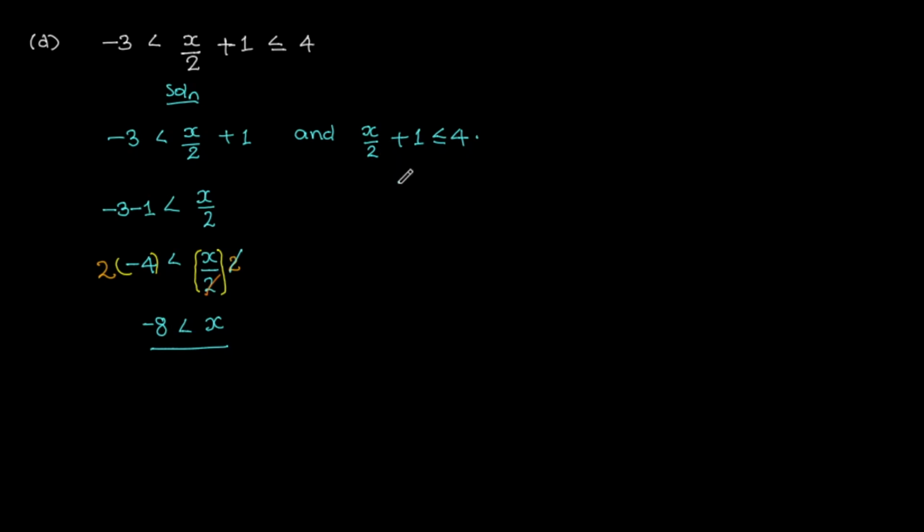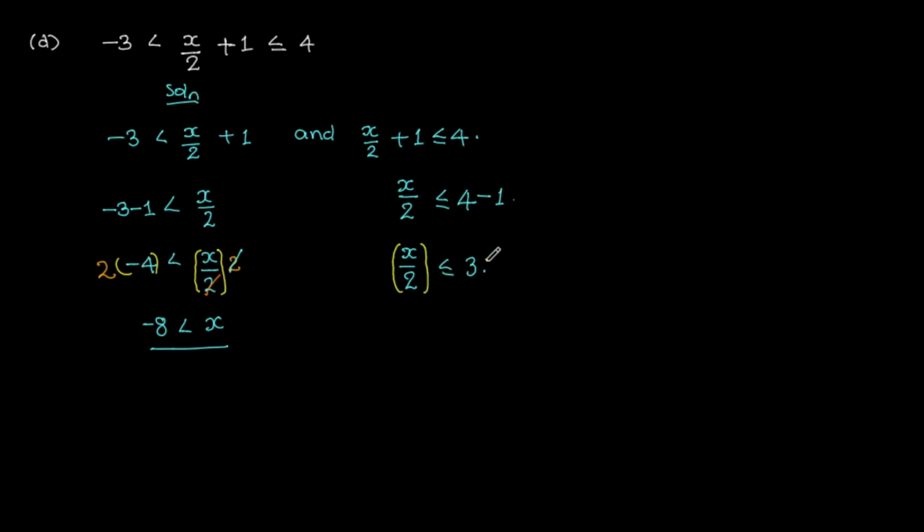Now we have here x over 2 is less than or equals to 4. Then this is minus 1. Now we simplify again, and we have x over 2 is less than or equals to 3. Now again multiplying this by the LCM, and the LCM is 2.